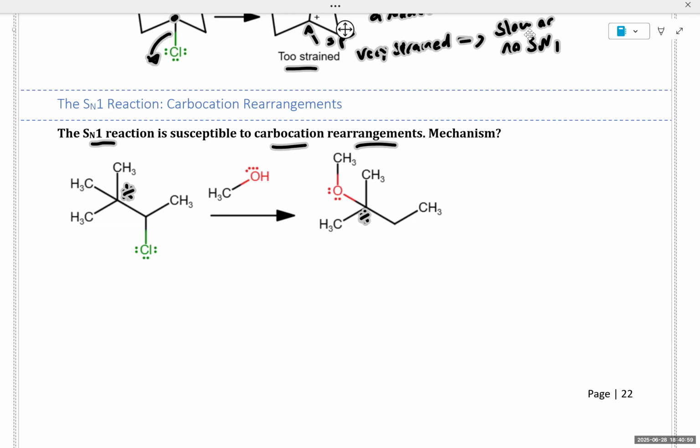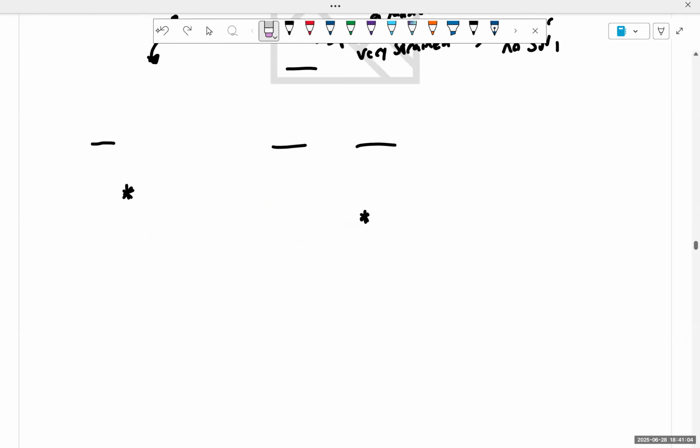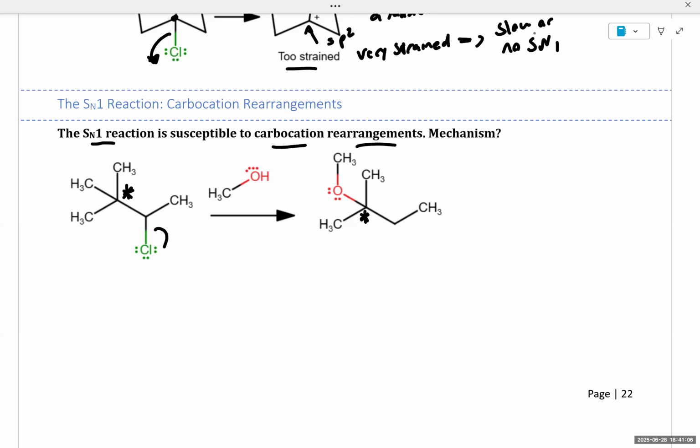So first, as with any step in the SN1 reaction, we are going to lose our leaving group. From here, we're going to see an alkyl shift, which in turn generates the more stable tertiary carbocation.